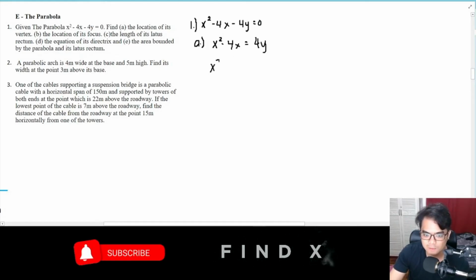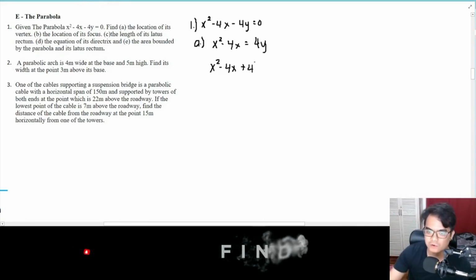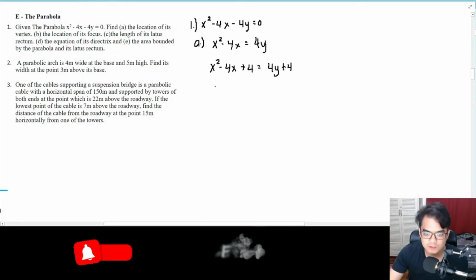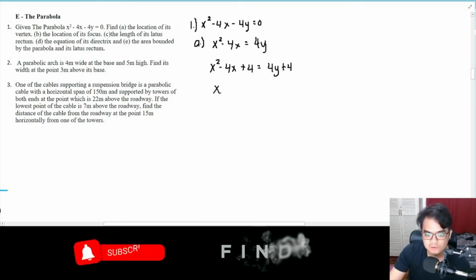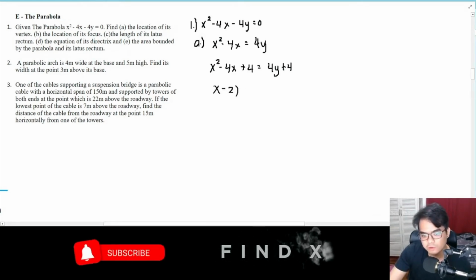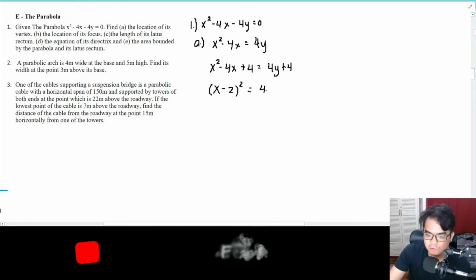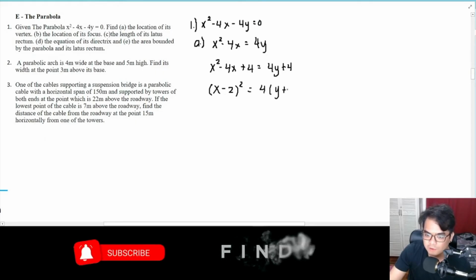Then just copy that, and then plus 4 on the left side, and plus 4 on the right side. Okay, and then factor this. The factor of that is x minus 2 squared, right? x minus 2 squared, equal to factoring out 4, so this will become y plus 1.